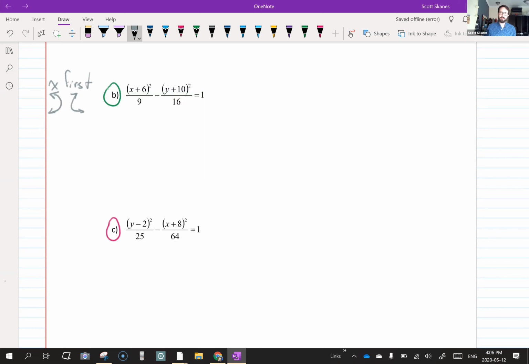Before I start, it's going to look like that because that's how those things work if x comes first. It also means that our transverse axis is going to be there. So that's what's going to be our vertex and our foci. That's where they're going to be. So the foci is going to be on this axis and our vertex is going to be on this axis. And we're going to have a center in the middle. It tells us a ton of information before we even start.